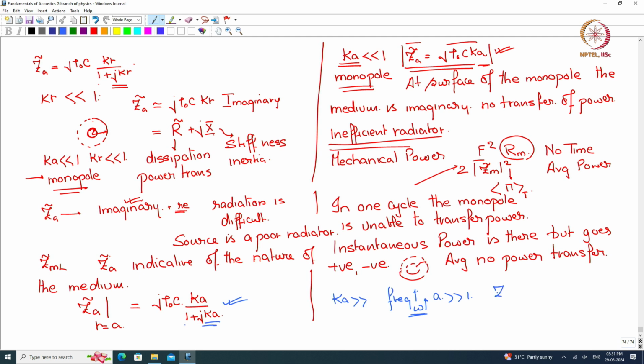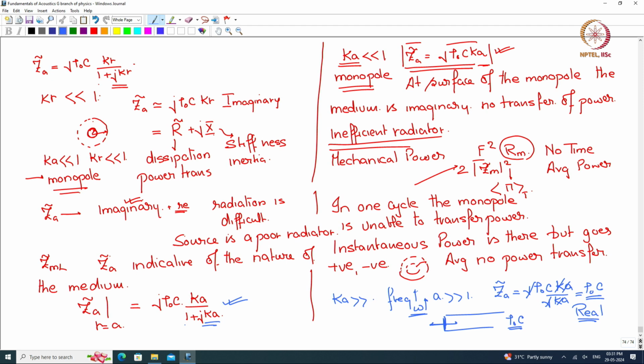So my Z acoustic becomes equal to j rho 0 c Ka by jKa. The j cancels and you see this is the acoustic impedance of a tube, a plane wave. If I have a tube and a piston is driving the air within the tube, you will get an impedance of rho 0 c, which is the plane wave acoustic impedance. And it is real.